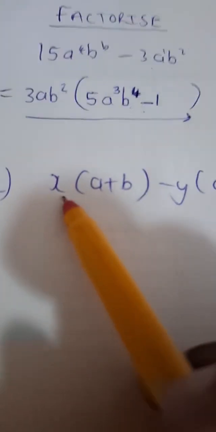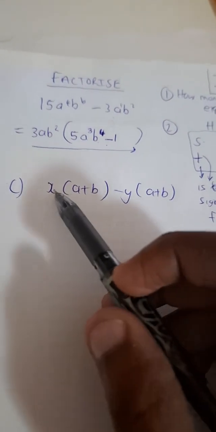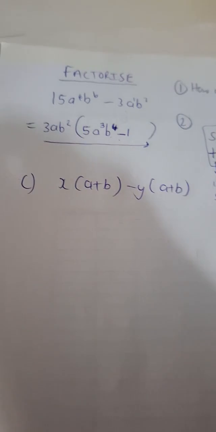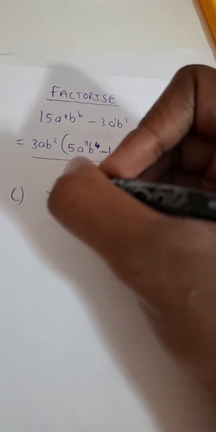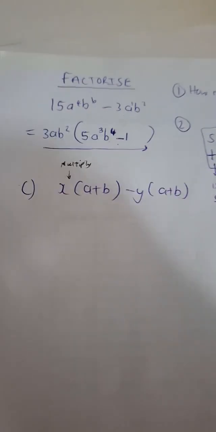So let's look at the expression. There is x, followed by a bracket. Now, the bracket here means there's a relationship that exists between the x and the bracket. And that relationship is one of multiply, because brackets mean multiply.